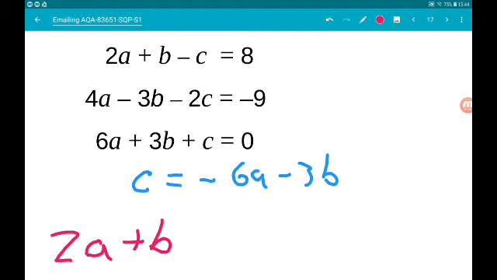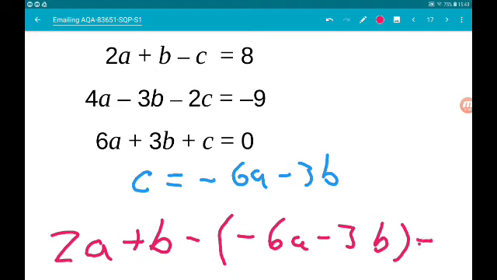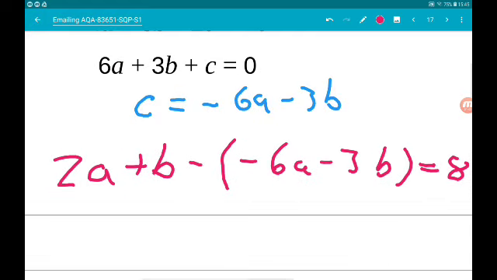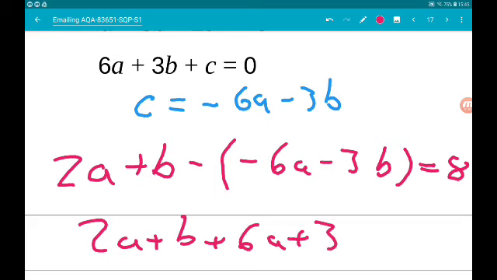So minus 6a minus 3b, and that is equal to 8. So we've got 2a add b add 6a add 3b is equal to 8.